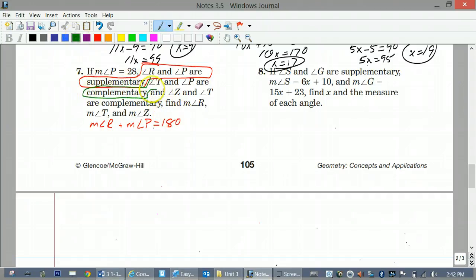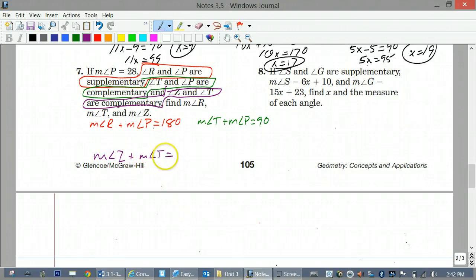Those two add, the measures are complementary, so they add to 90. Notice how I'm grouping it and writing it down as I think about it. Measure of angle Z and measure of angle T are complementary. Then I read the whole thing to see if I can figure out the rest of the problem.